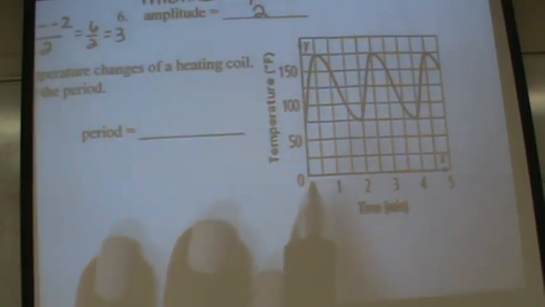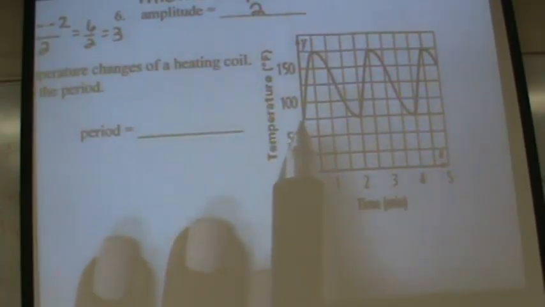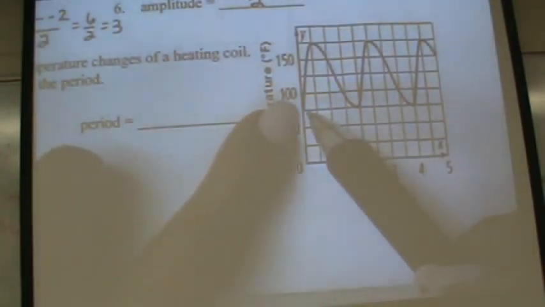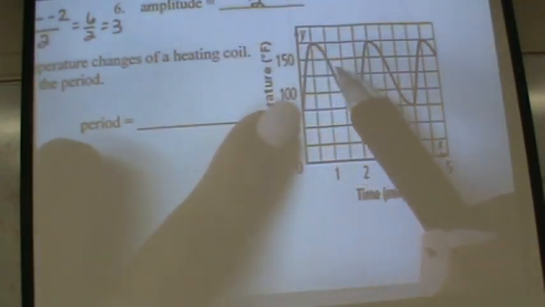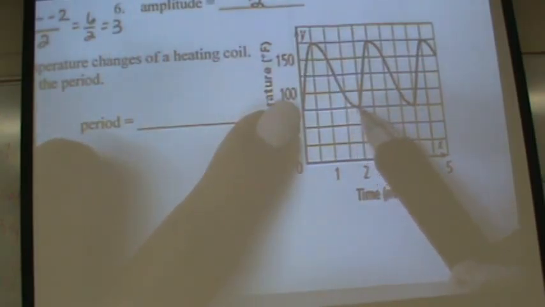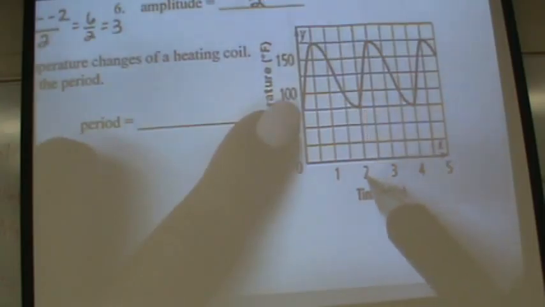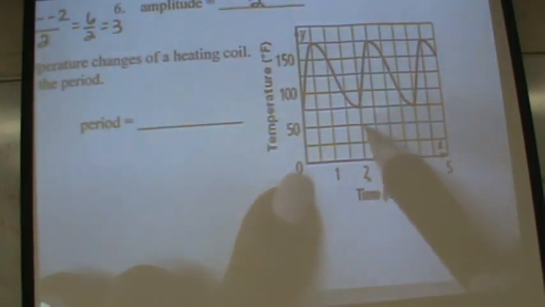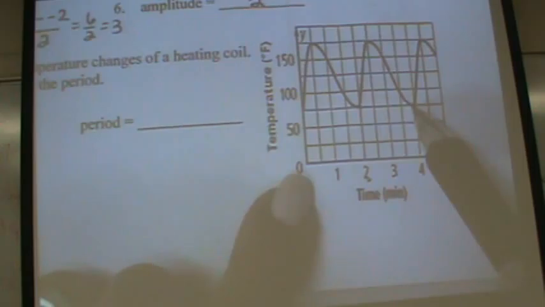Can you tell me where this graph starts at 0, and where is it starting again? Tell me where it's starting again. Right there, it's starting again. And then it goes here, and then here.